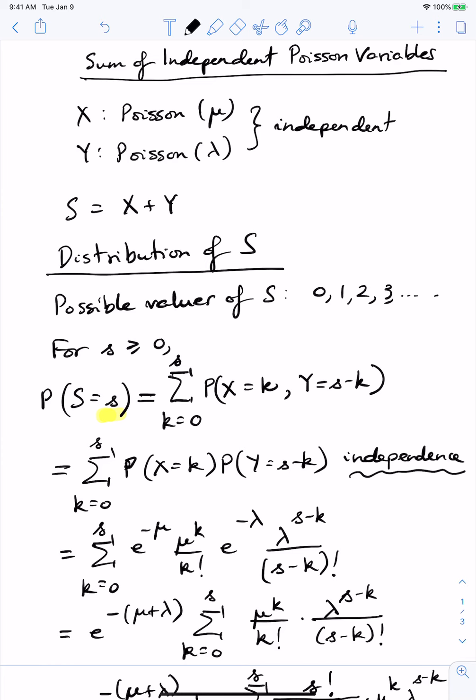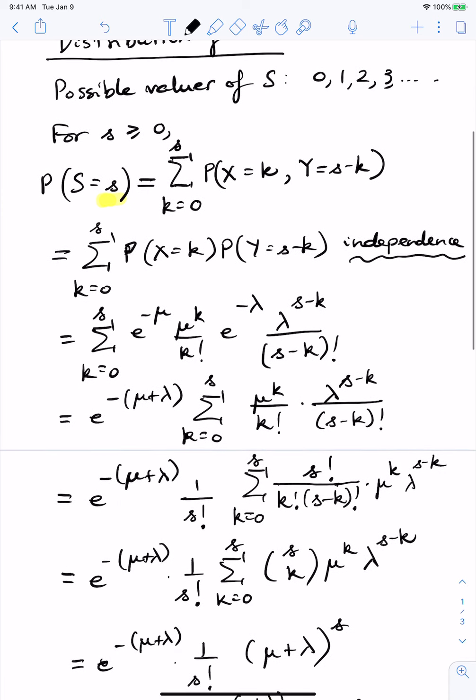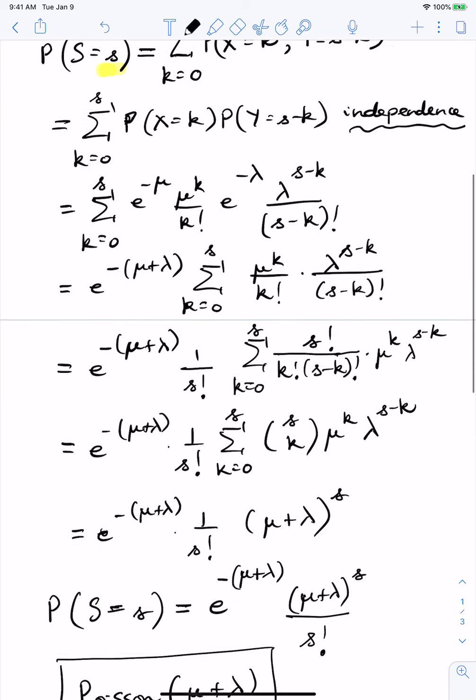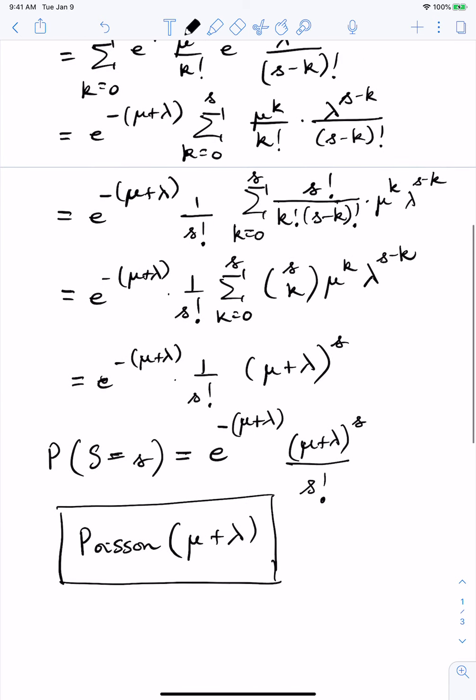You looked at the sum. And then by partitioning the event capital S equals little s according to what X and Y are, you ended up showing that the distribution of the sum is also Poisson with the parameters that it ought to have.